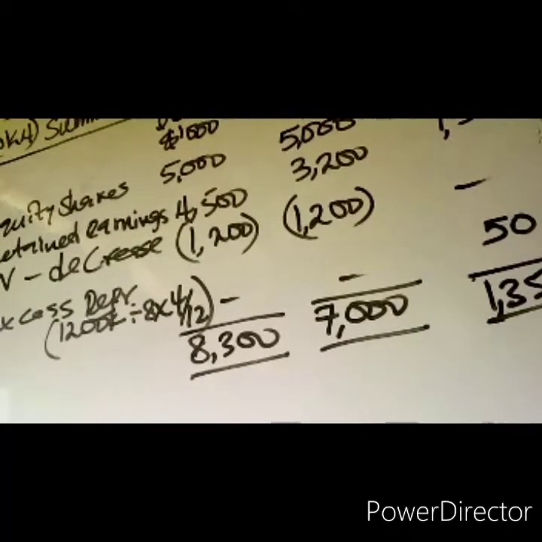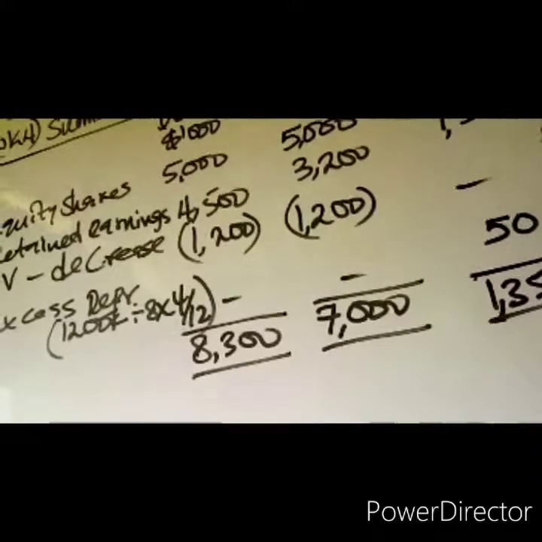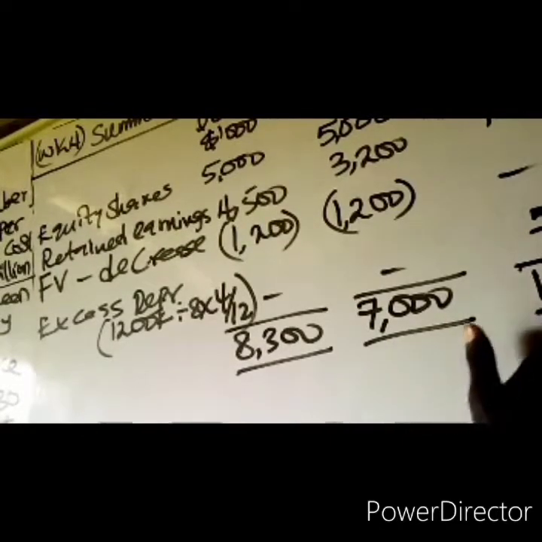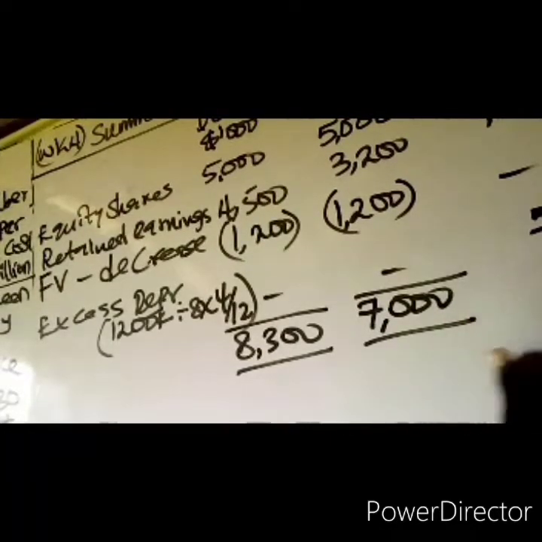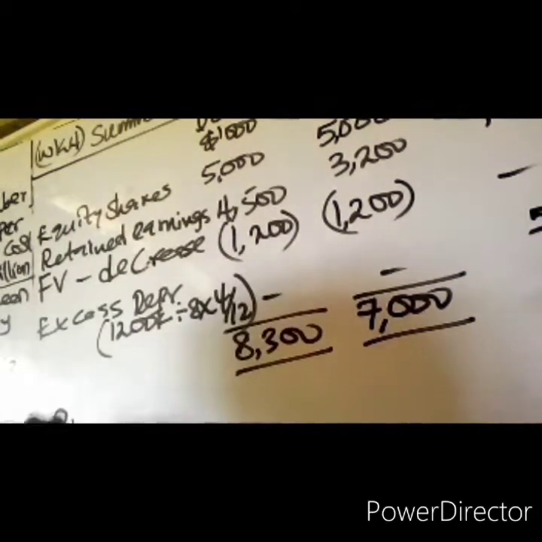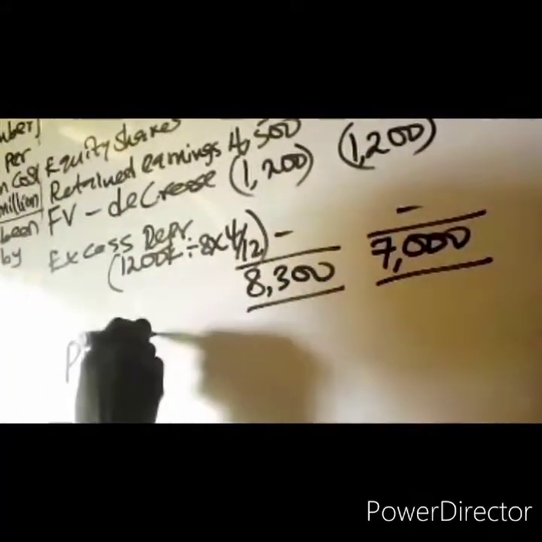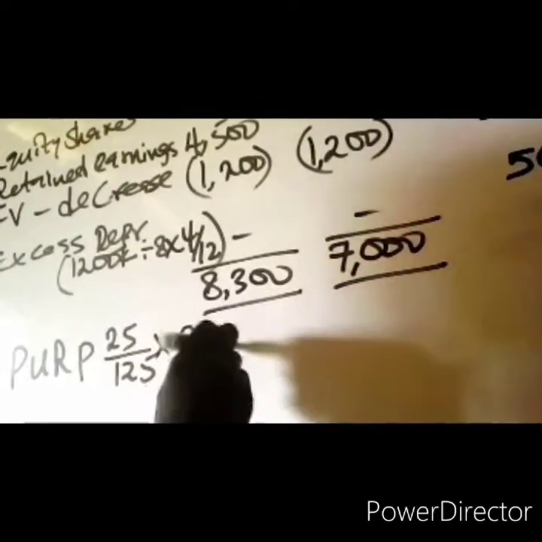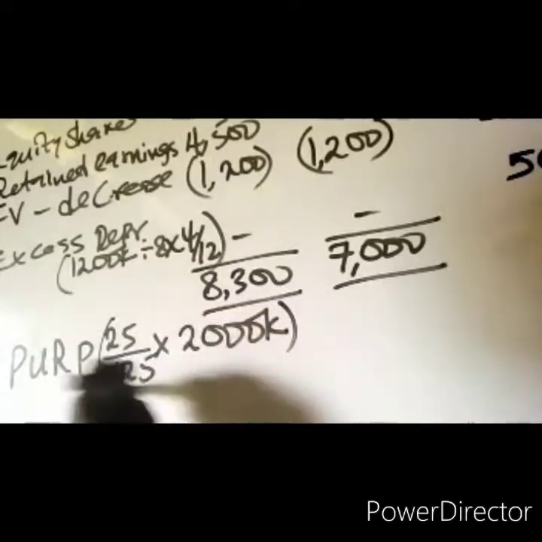So, okay, we have unrealized profit. The seller is the subsidiary, so we need to adjust that in the post-acquisition period. If the parent were the seller, then you would not need to adjust the unrealized profit. Provision for unrealized profit is 25/125 times 2,000, and that is 400.